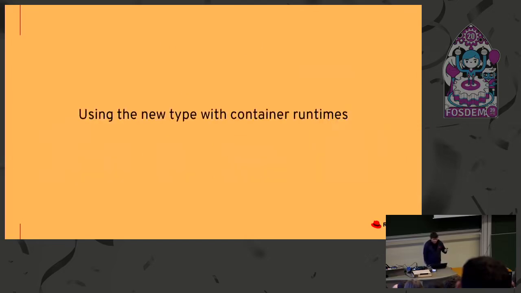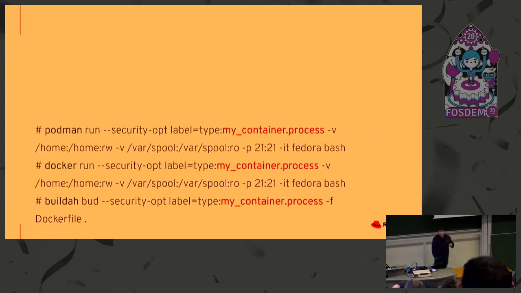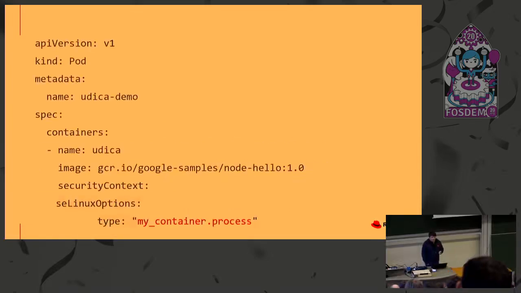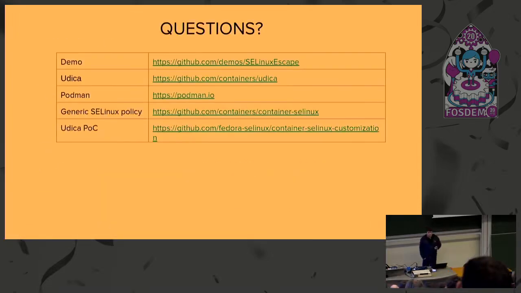And that's it. This kind of generated SELinux policy you can use with the following runtimes: Podman, Docker, Buildah, and also Kubernetes. So these are the slides. So let's try it with a demo.